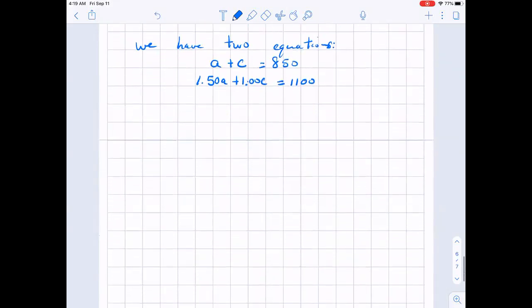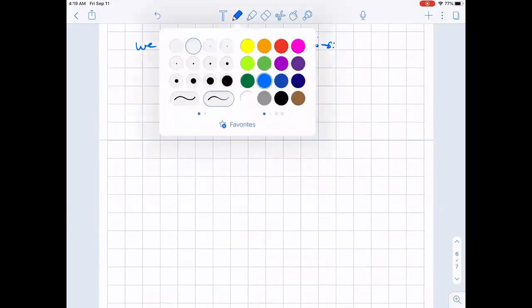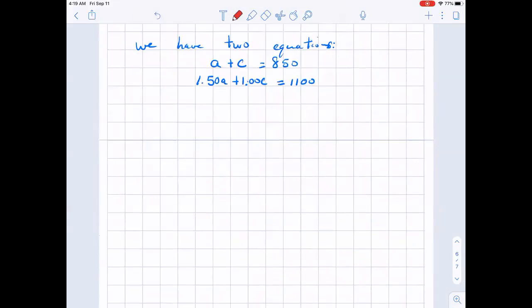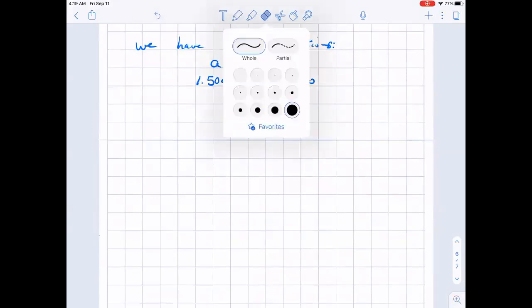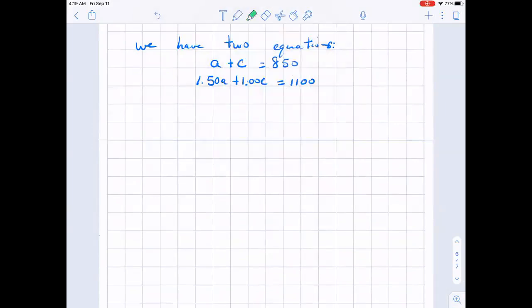Now obviously we don't want to work with decimals here, okay? So I would get rid of the decimals, so let's get rid of them.